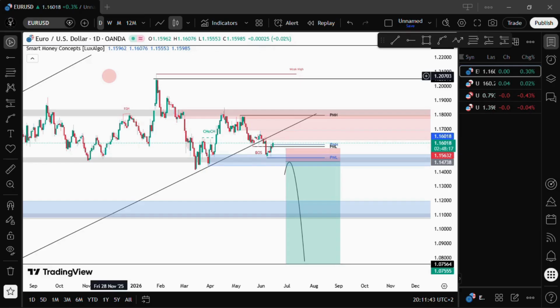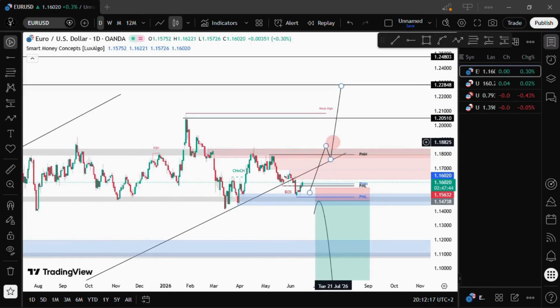As you will see here, I could catch this whole move if the market breaks out and retests below the zone right here, guys. Swing trader, I could catch this whole move. I could even say this is a position trade because this trade might hold over 2 months.